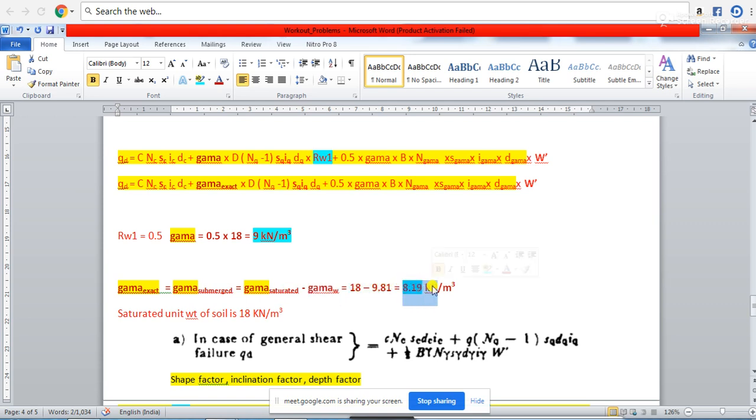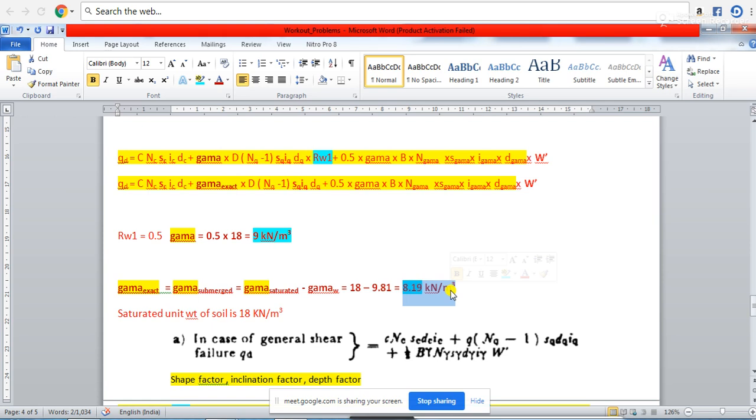So one way is to use 18 multiplied by 0.5, which gives 9, or you can use this gamma exact value, which will be 8.19.